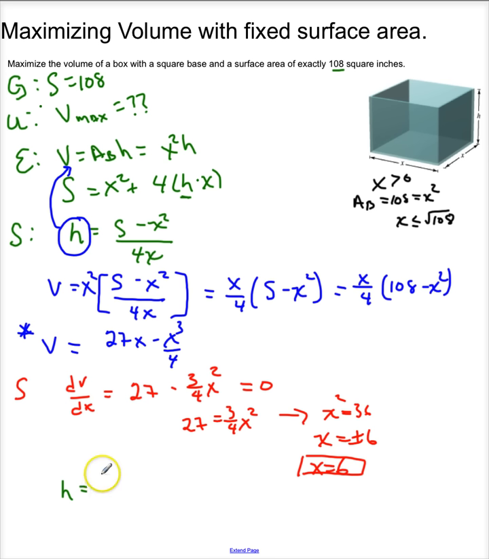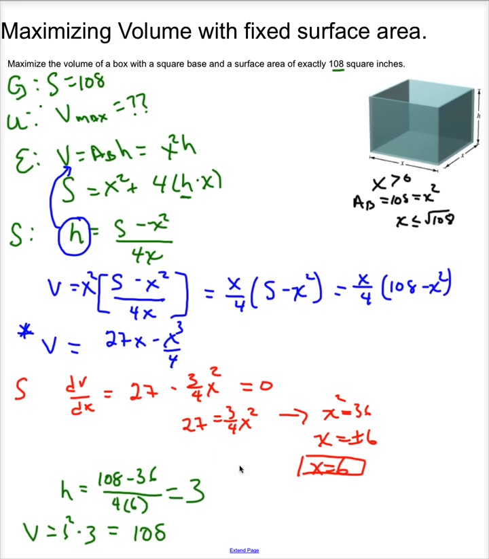So the height is 108 minus 36 divided by 4 times 6. So h in this case is equal to 3. And now let's find the volume. The volume, I'm just going to go back to this equation up here, is 6 squared times 3, which in this case is 108. Interesting.